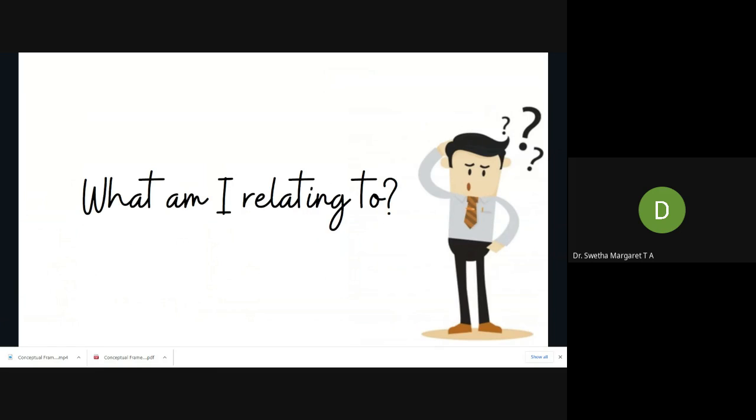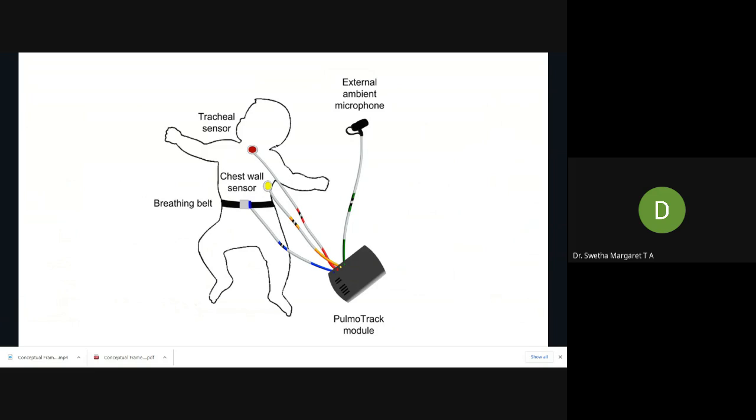So what are we trying to relate exactly? There is a system called the PulmoTrack module. This is very crucial, and popular in neonatal wards or neonatal cases, where the heart rate of the baby is low at the time of delivery, when the infant is born.